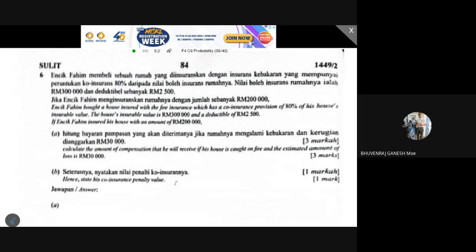Can you tell me who doesn't like this chapter? I rasa banyak pun tak suka bab ni. Form 3 also has it, but it's consumer mathematics, matematik pengguna. Yang ni is bab insurance. Sometimes okay, tapi yang ni soalan pengiraan lah, bukan fakta. So I rasa boleh lah. I like it, but sometimes kinda confusing.